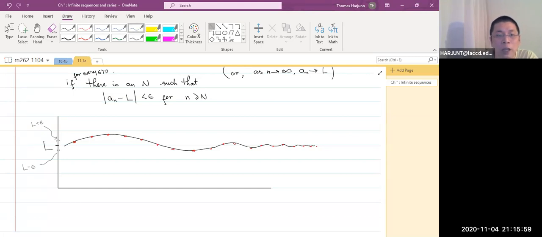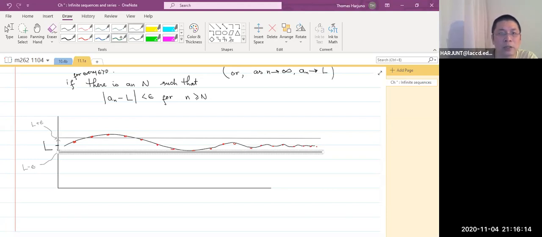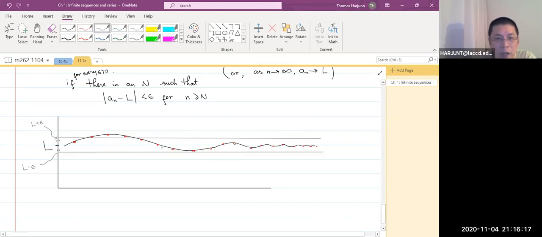For any epsilon you choose, there must be a number N, like in this case, this is my N, such that whatever terms come after that, these points here, must stay within the band, within this strip.